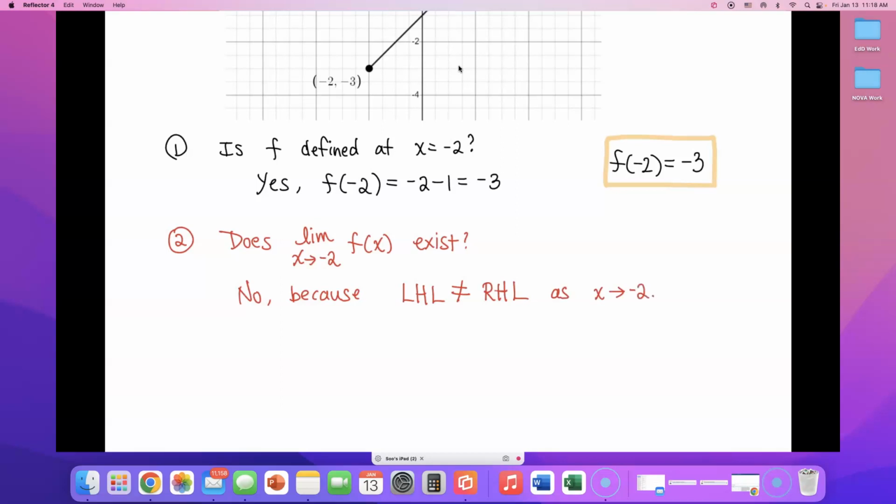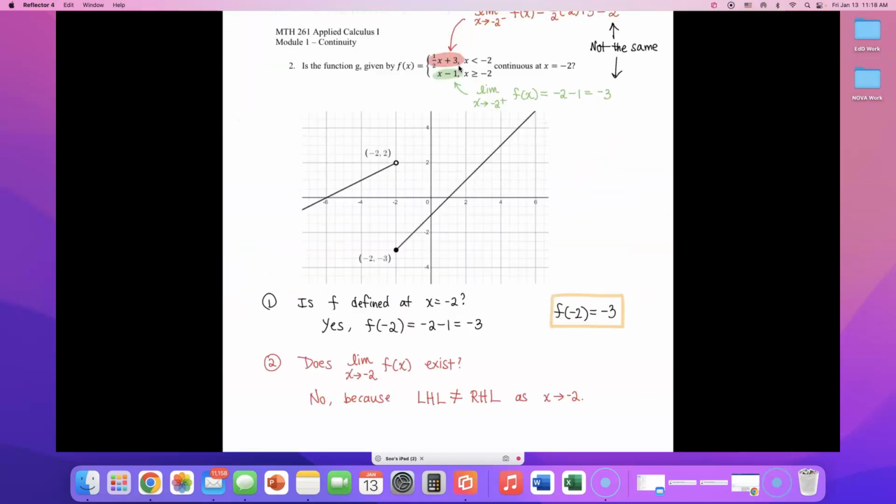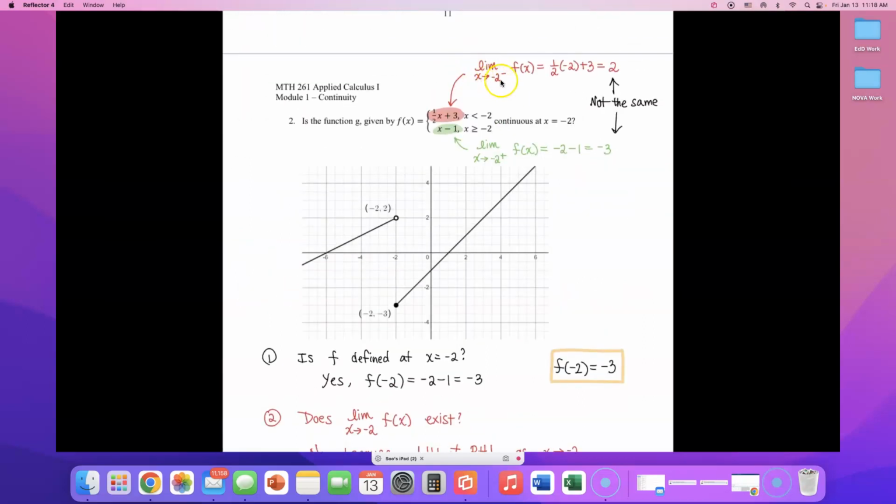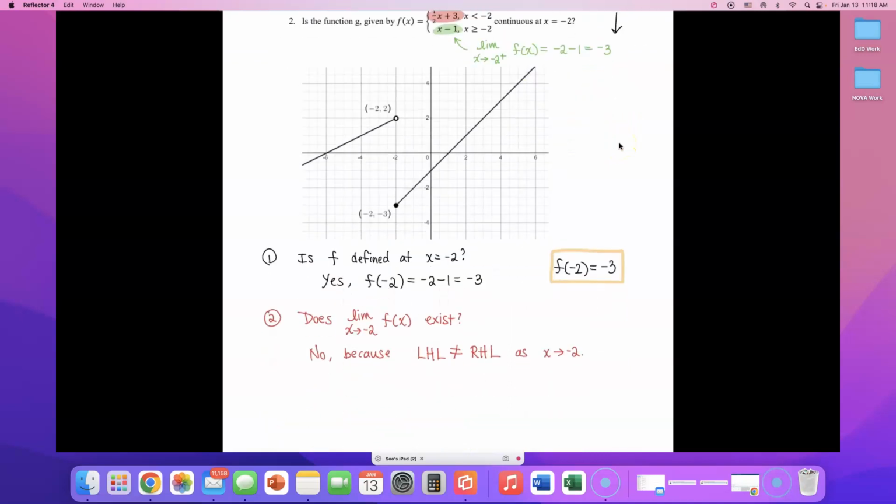If we write that, I'll understand what you mean, because we have this work up here. We found the left-hand limit in red, we found the right-hand limit in green, and we saw obviously they are not the same. If the one-sided limits, left-hand and right-hand, are not the same, the general limit does not exist.